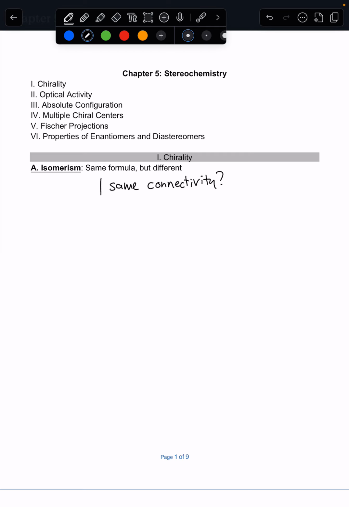If the connectivity is different for the two molecules, then they're constitutional isomers, or sometimes they're also called structural isomers.